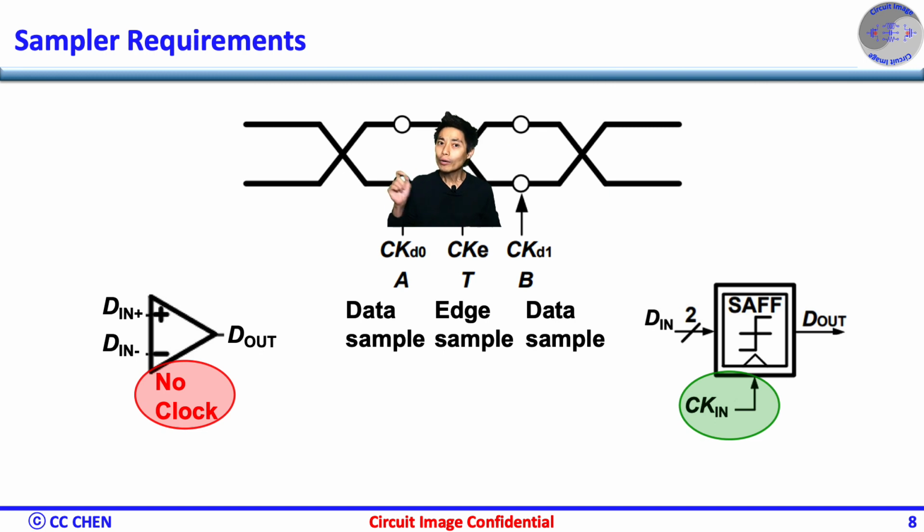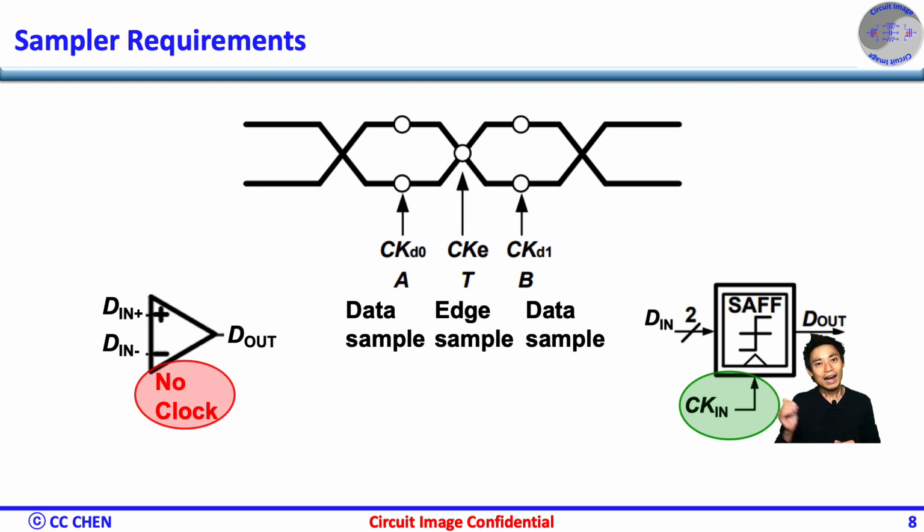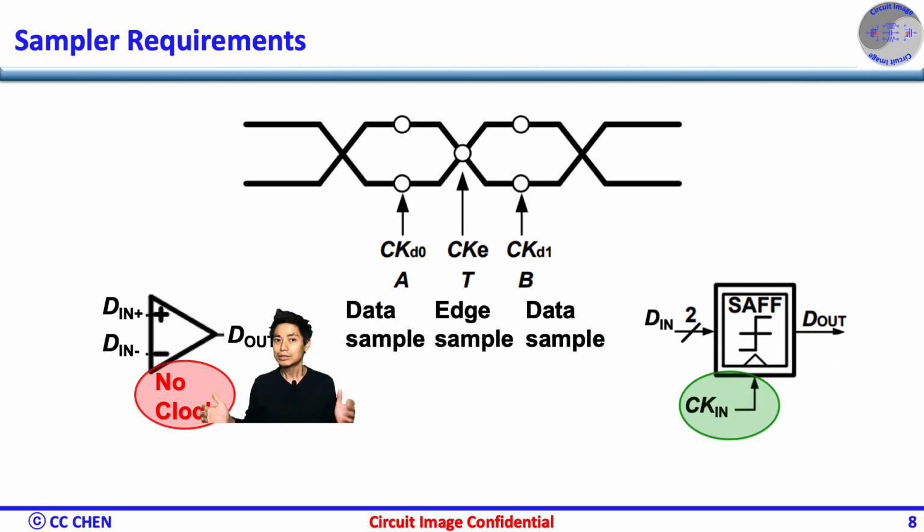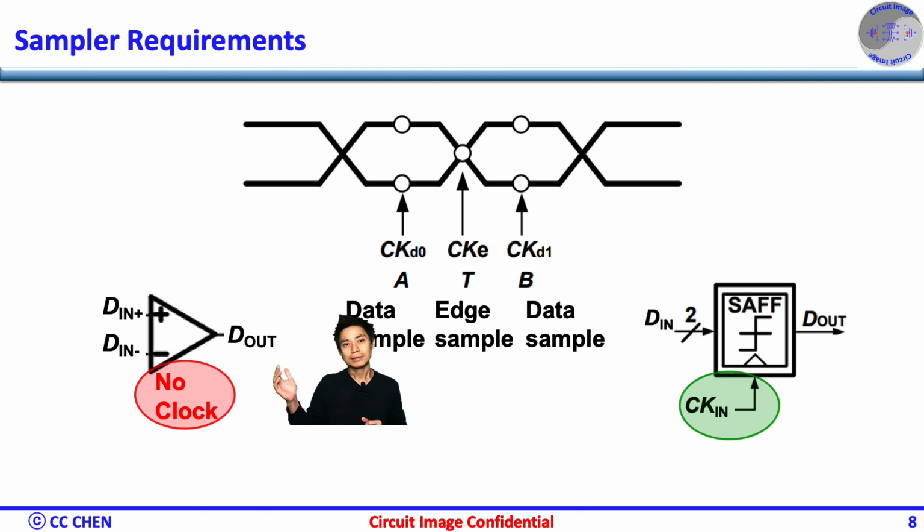Therefore, we only care about the sampled data value at the clock sampling time instantaneously instead of the value at other timing. Then, the clock sampler is a must instead of using other continuous time comparators like the OTA or op-amp.